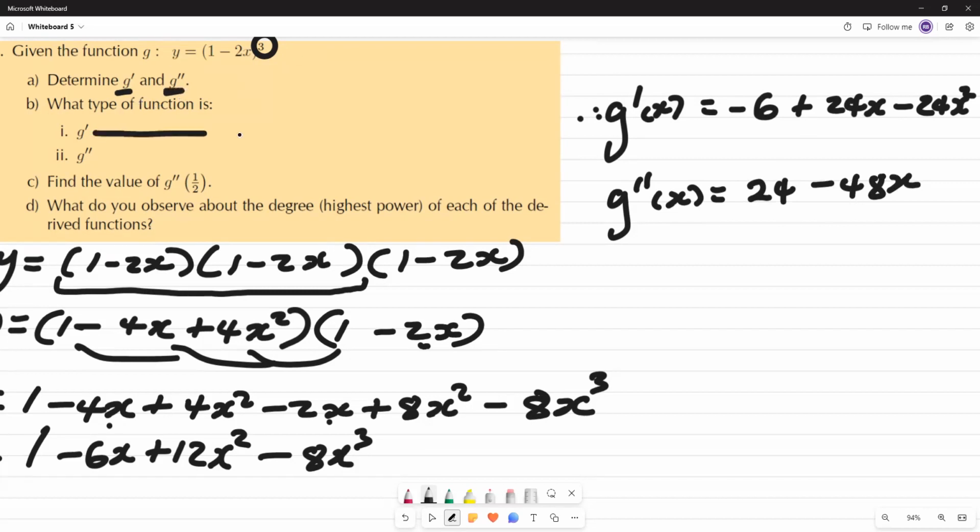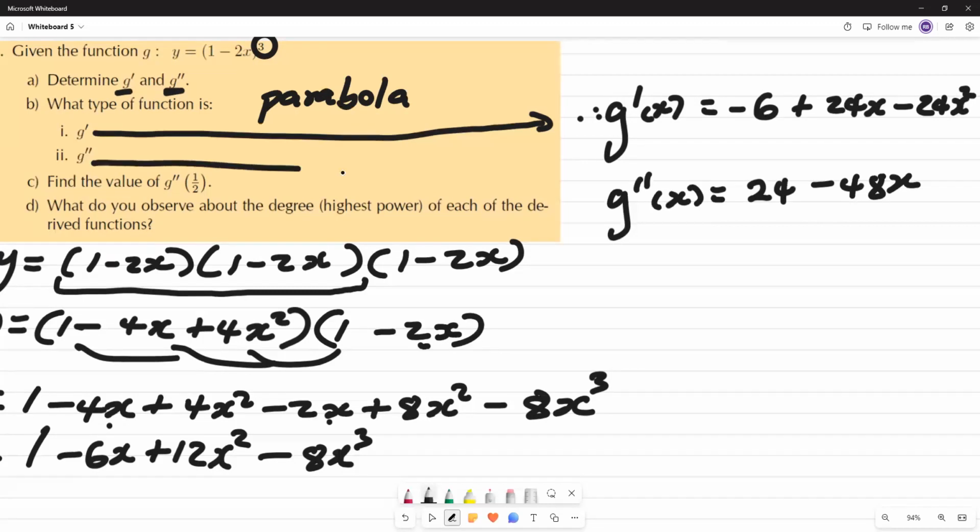Then they say, what type of graph is the first derivative? You can see that that is a parabola, right? How did I know that is a parabola? I saw it with x squared. The highest degree is x squared. This one, it's a straight line. It's mx plus c, so it's a straight line. Right.